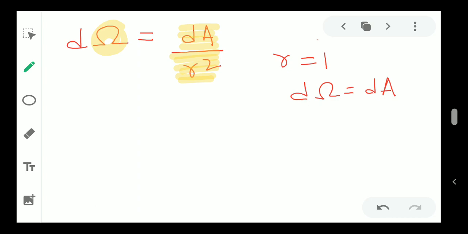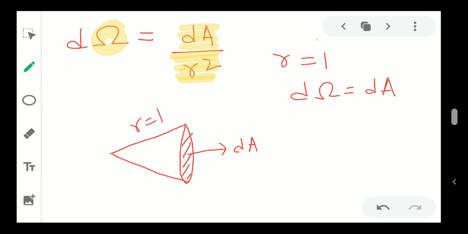So what is solid angle? Solid angle is the area of exposure if I take radius equal to 1.